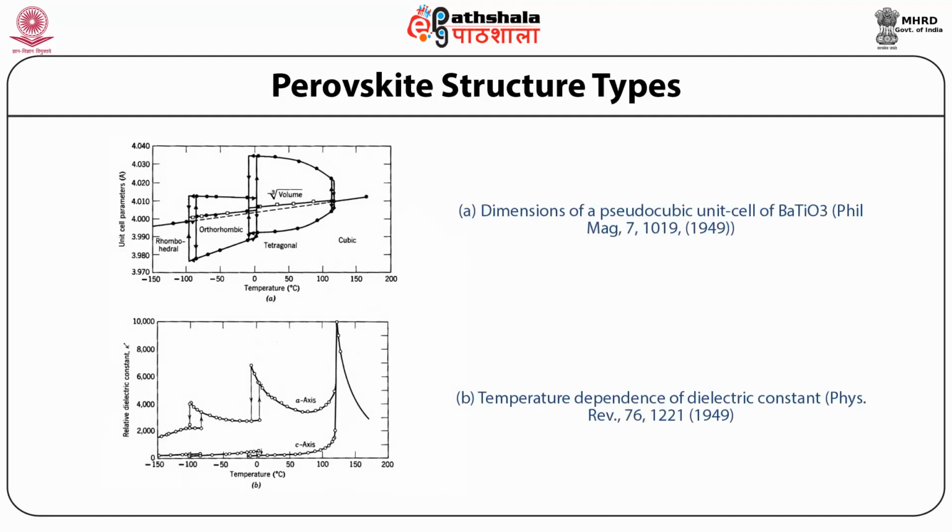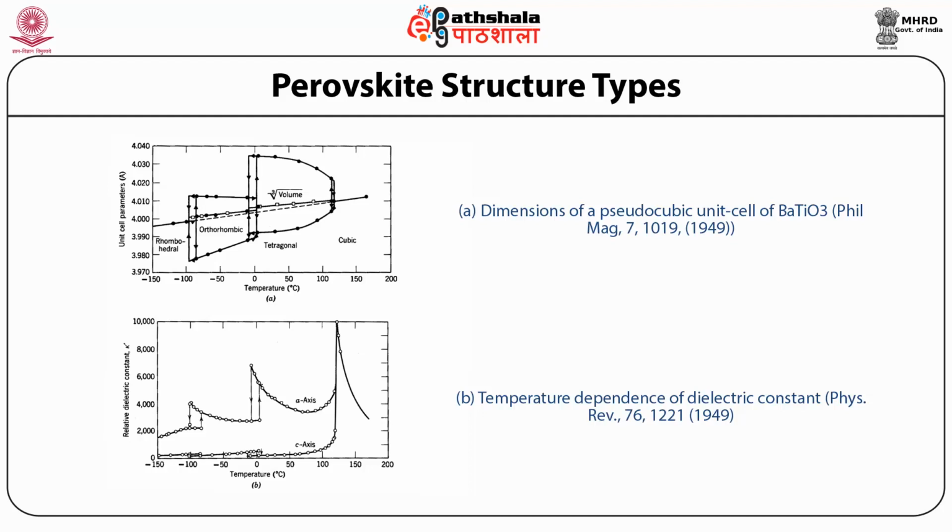So students, you can see the example of barium titanate which we have discussed. This figure shows the phase diagram, you can say, which varies with temperature. This means that the phase of the unit cell, or the structure of the unit cell, varies as the temperature varies from 150 to 200 degrees Celsius.